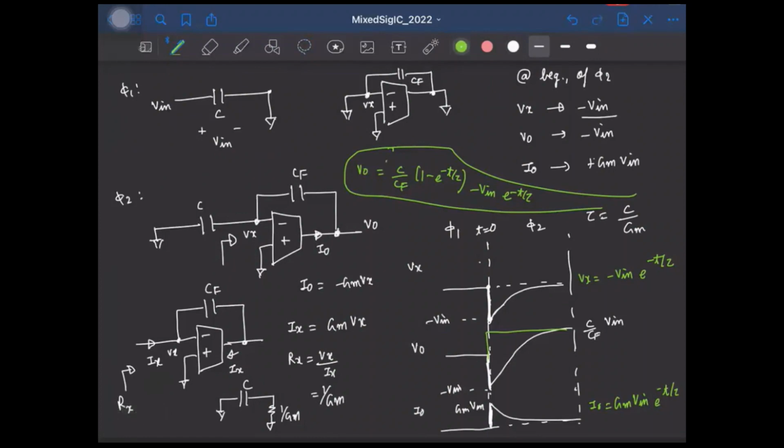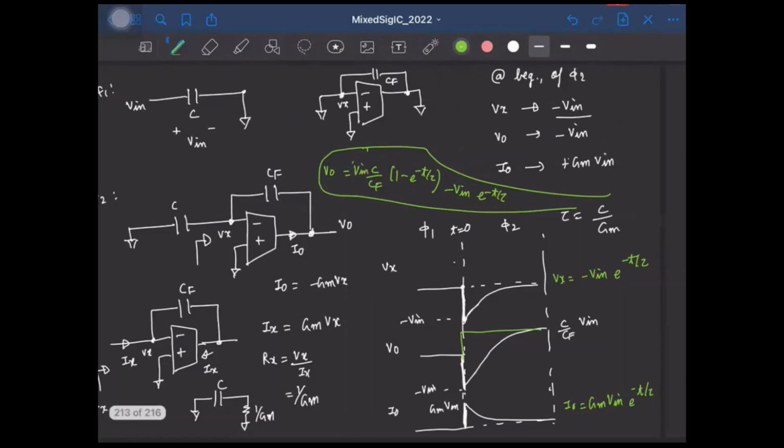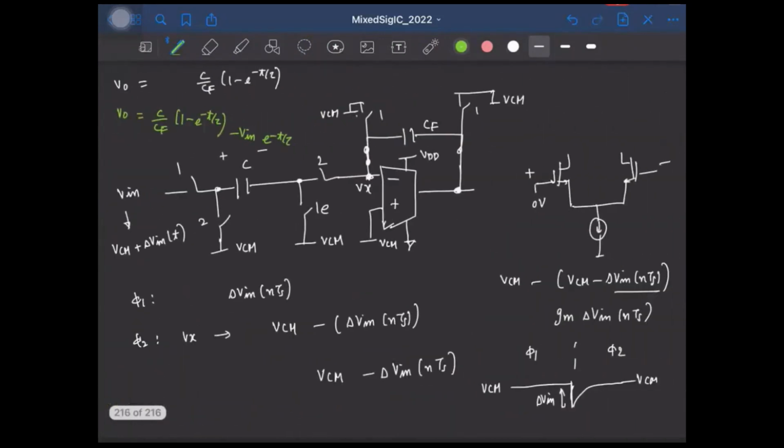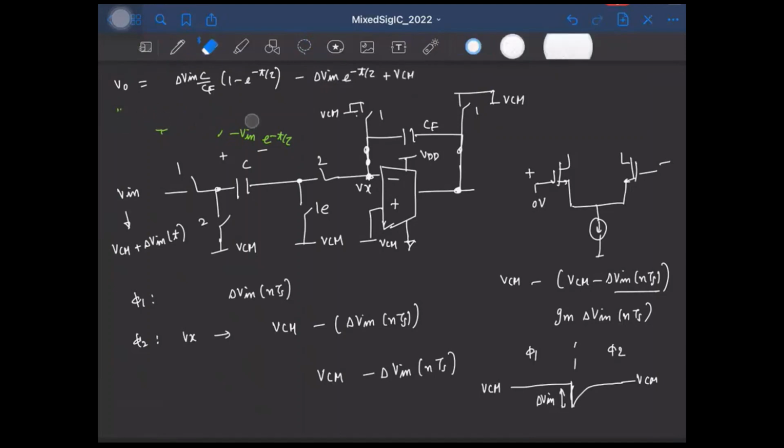I missed a Vin here. So this should have been delta Vin times this, minus the initial voltage delta Vin into e power minus t by tau, and plus VCM. Okay. So let me copy paste this once again.